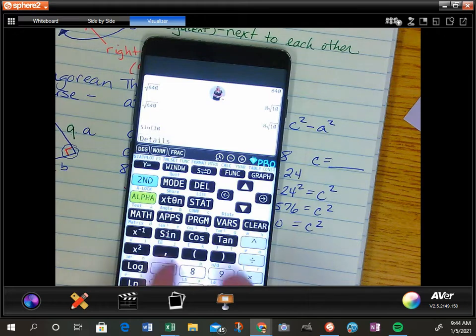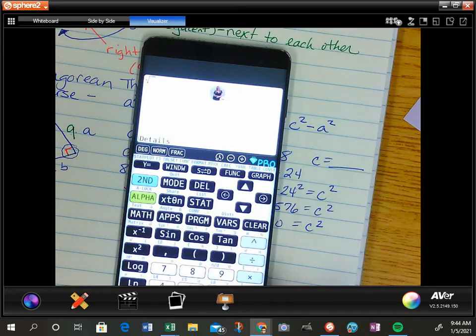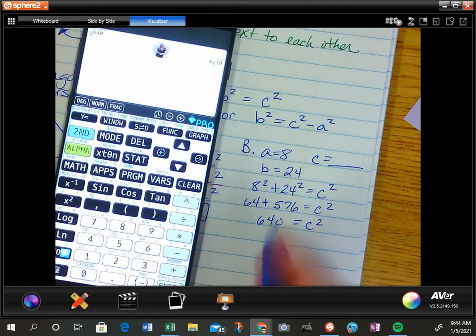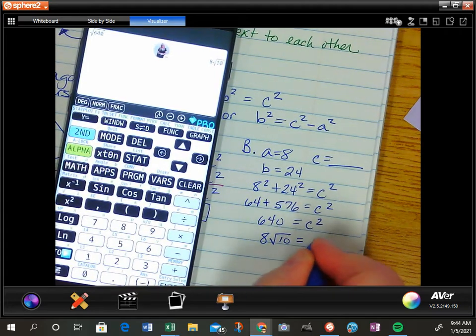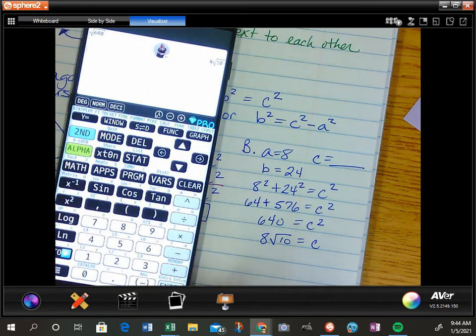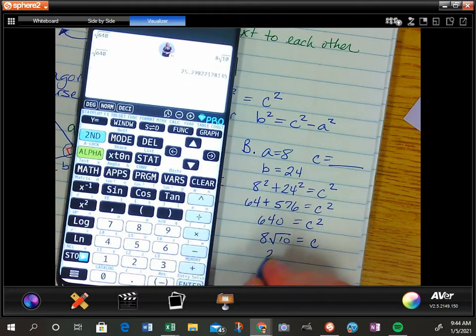So if I type in second square root 640, and press enter, gives me 8 square roots of 10. So I get 8 square roots of 10. That's my exact answer. If I want the decimal answer, I do decimal, and I get 25.3. And that's my rounded answer.